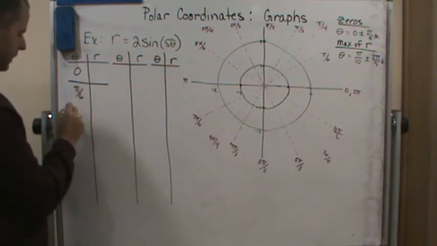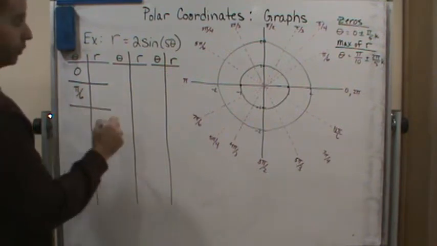We'll do pi over 6. So we'll just work our way around.